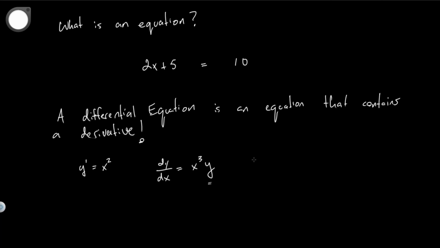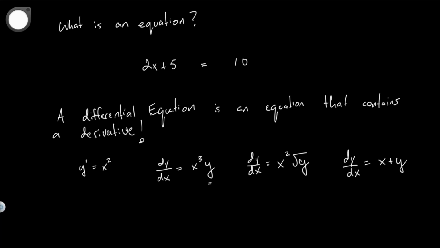I got 2 more for you. We got dy/dx is equal to x squared times the square root of x. And then here's another one, dy/dx is equal to x plus y. Or this should be a y. I think I said y, but I didn't mean to write an x. These are all examples. These are not all the differential equations.